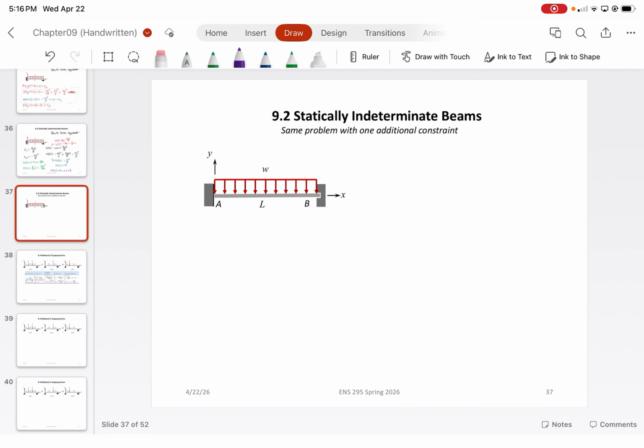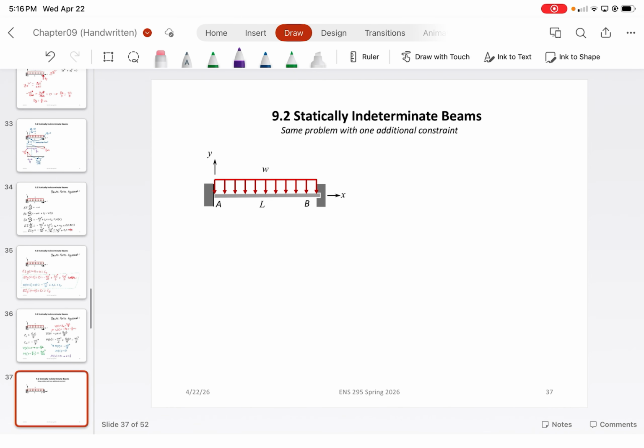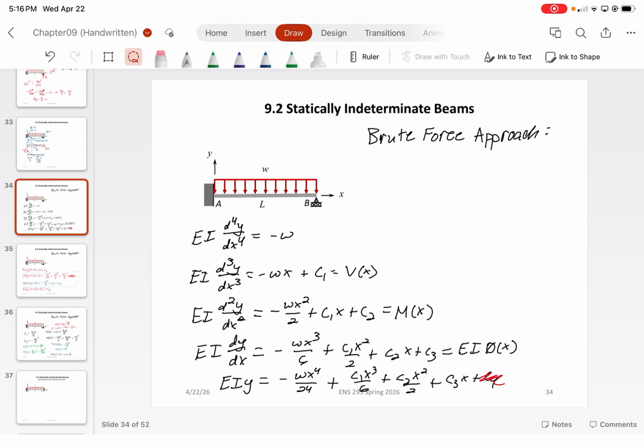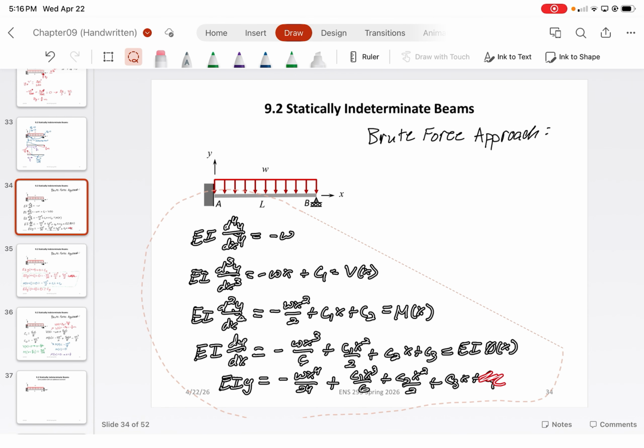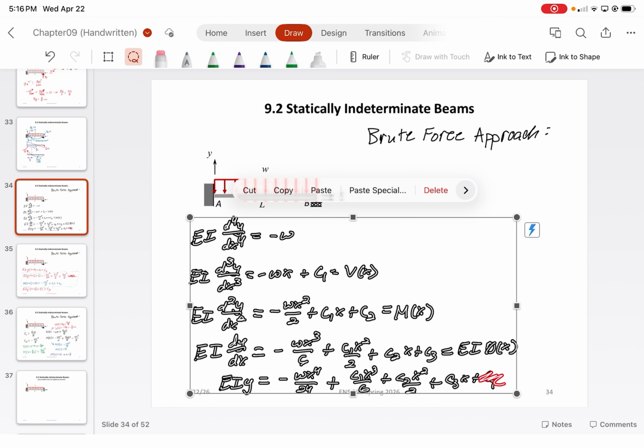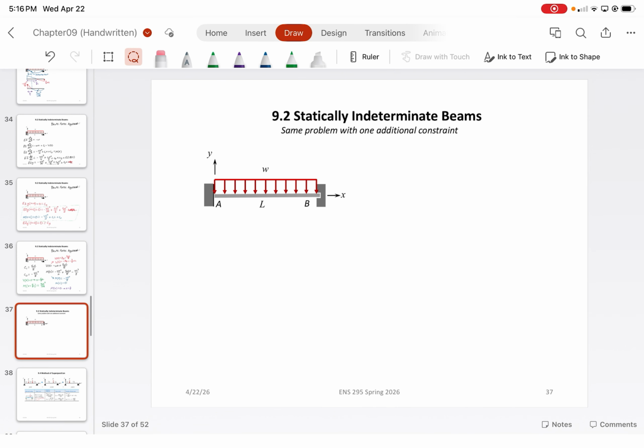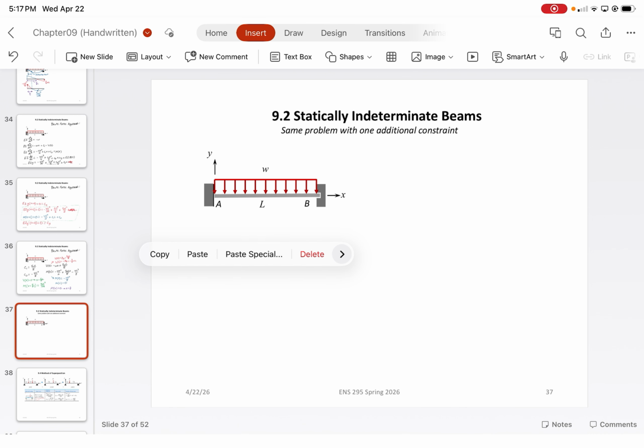So this is technically a degree of indeterminacy, we call it, of 2, which means there are 2 additional reaction forces that we cannot solve using basic equilibrium. All right? So I'm going to solve this using the same method that we just used. One nice thing about this problem is that these distributed load equations are not accounting for any type of boundary condition.